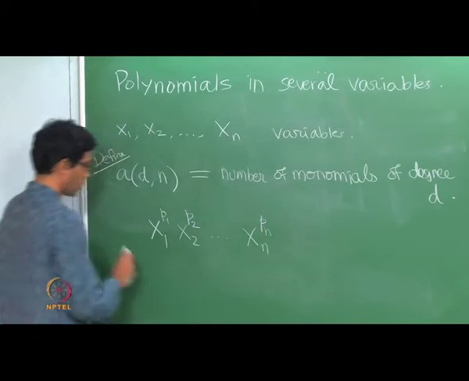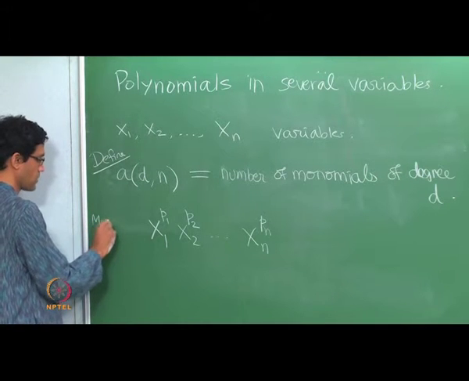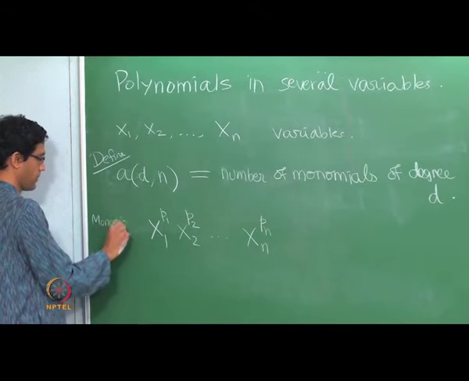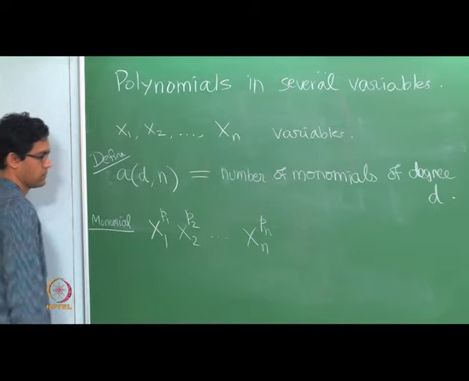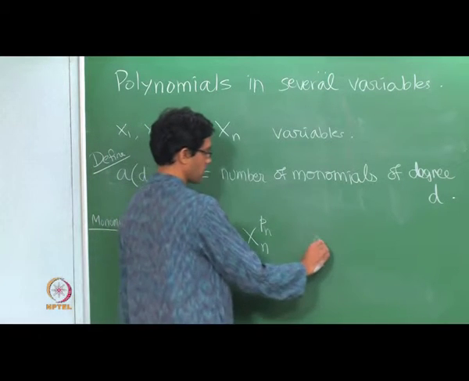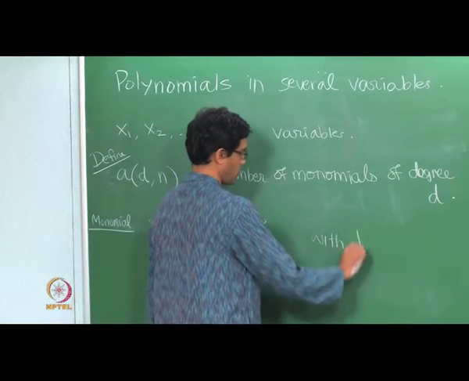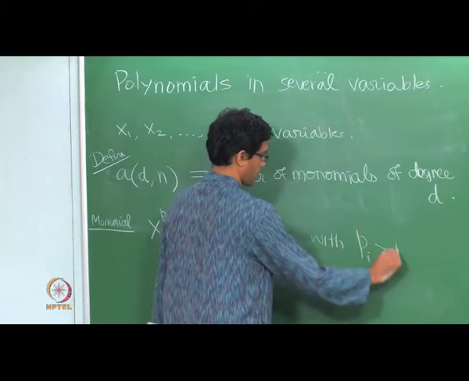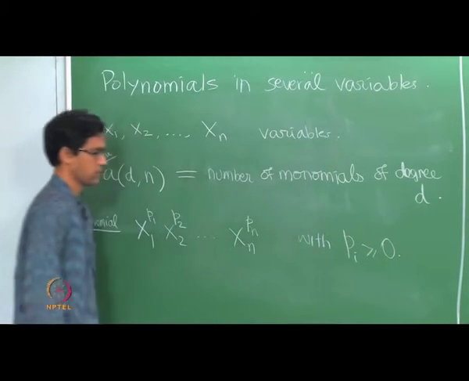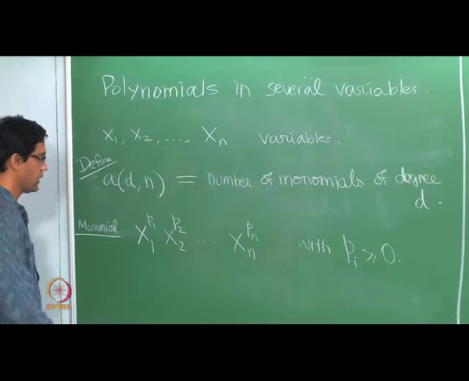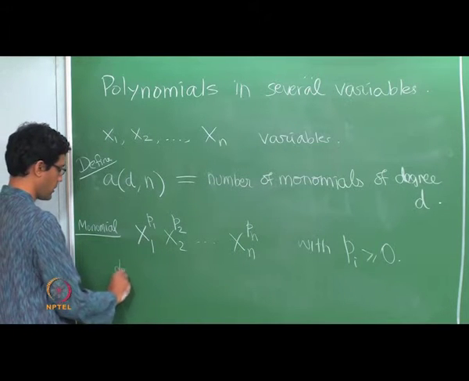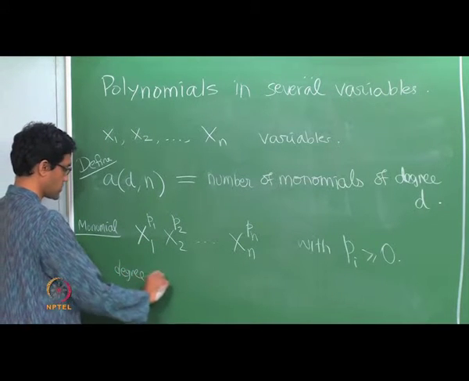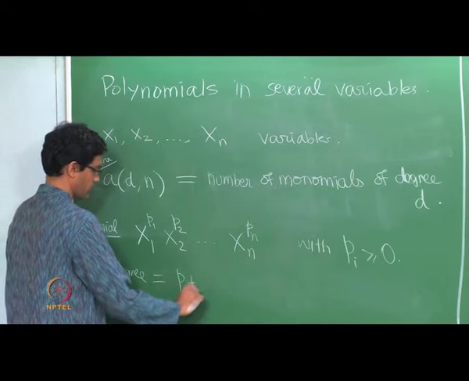So, that is a monomial where the pi's are non-negative integers, for all i, and the degree of this monomial is just the sum of all the powers.